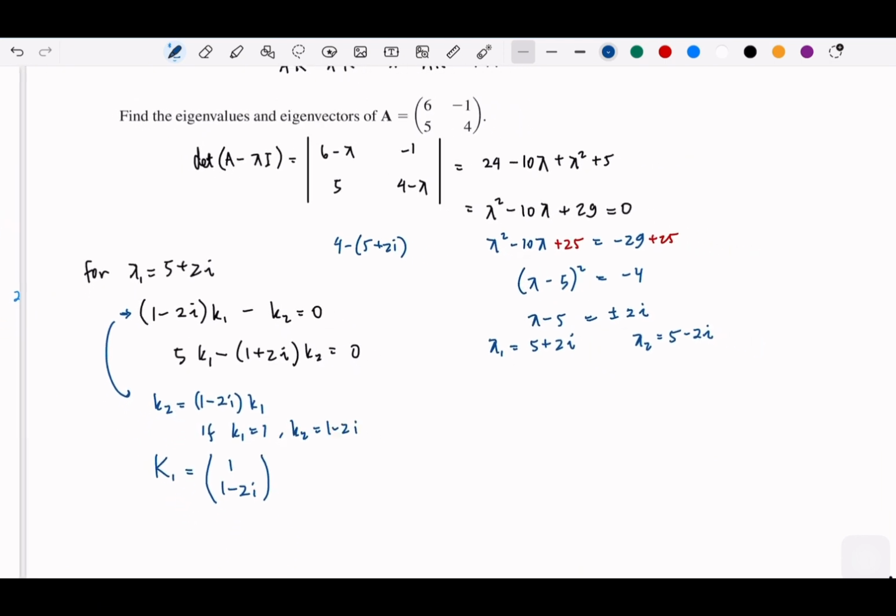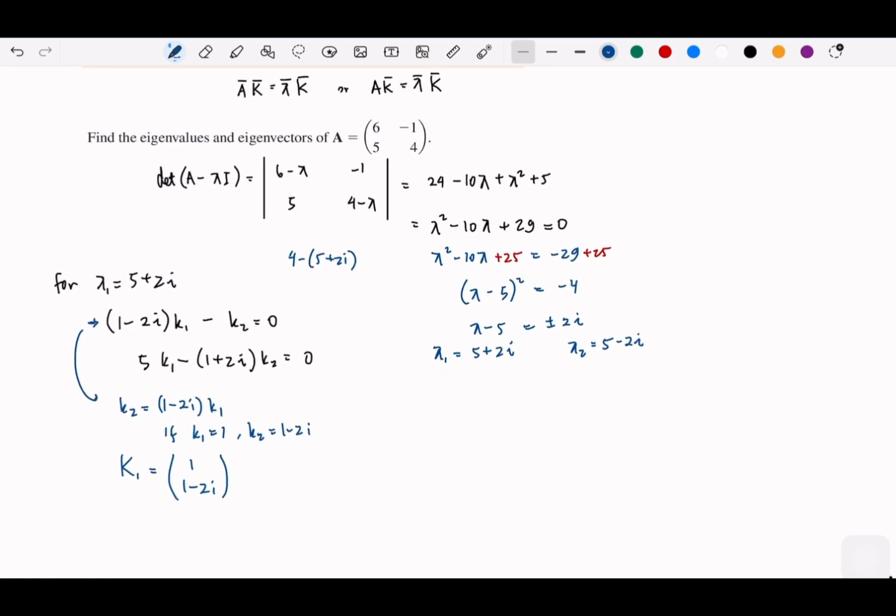And do the same with the conjugate. We take the second lambda, 5 minus 2i, so this will be 1 plus 2i k1 minus k2 equals 0.